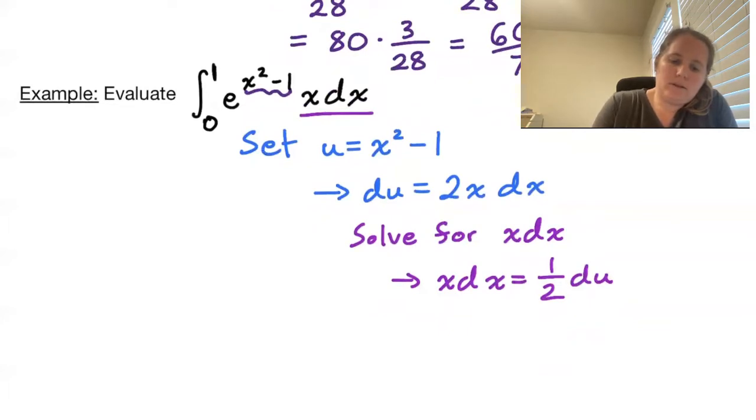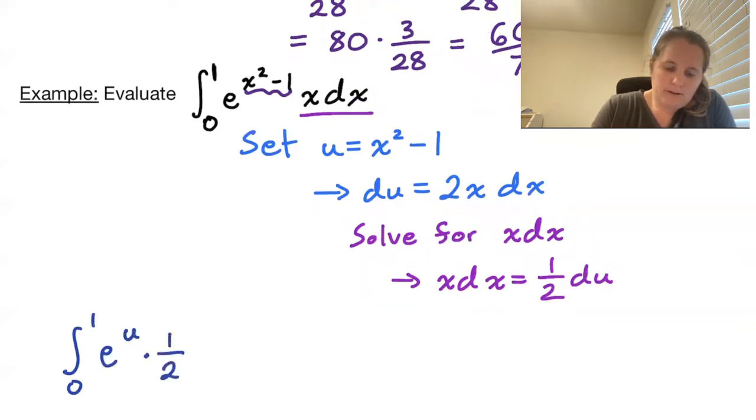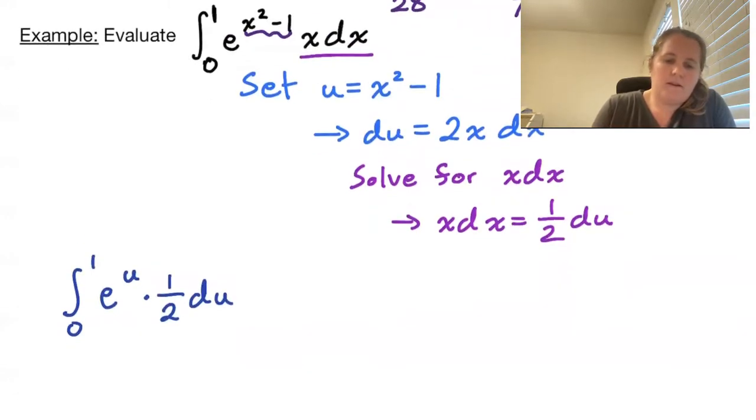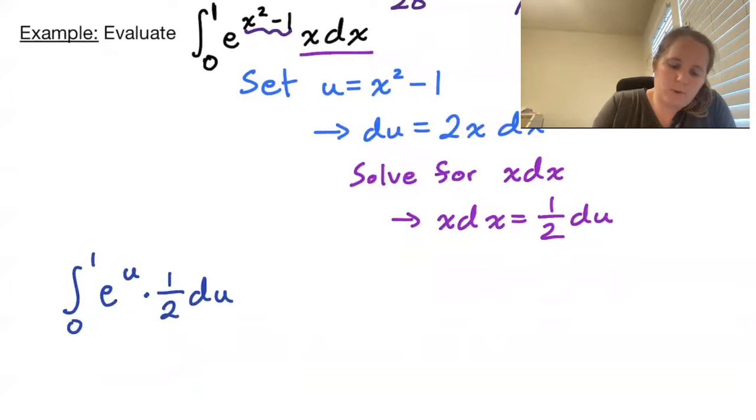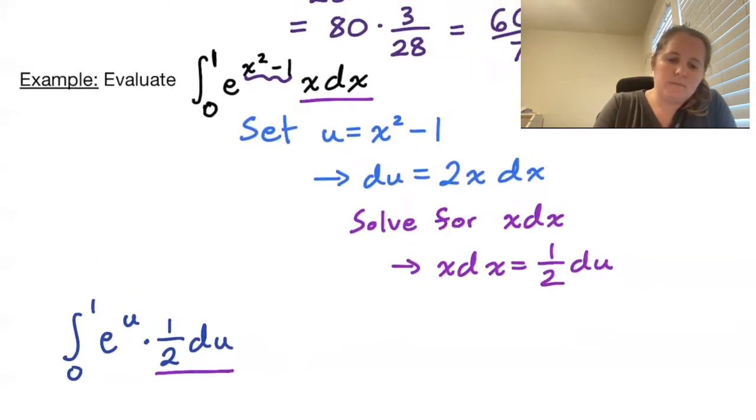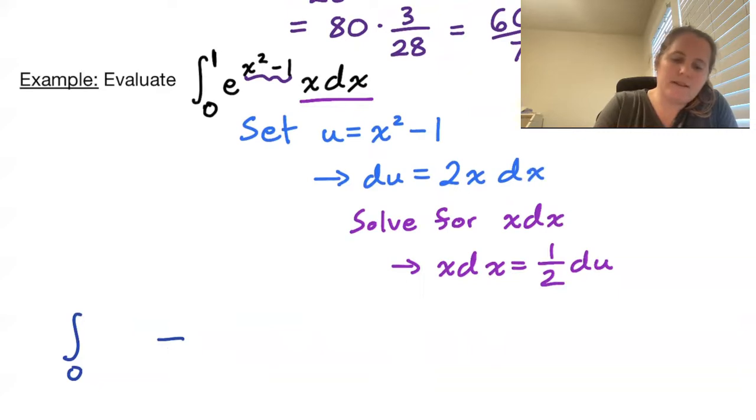So we have our definite integral from 0 to 1 of e to the u times 1/2 du. And the thing I underlined in purple is just that piece there. Except, sorry, I was actually going to write this first in x and then in u.